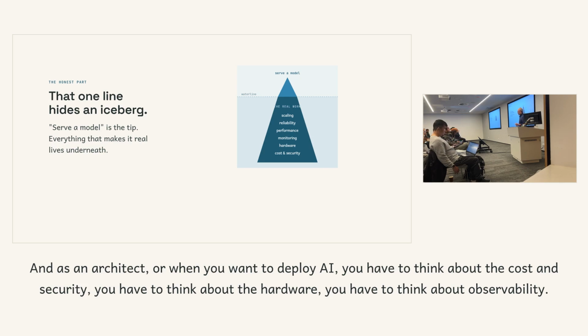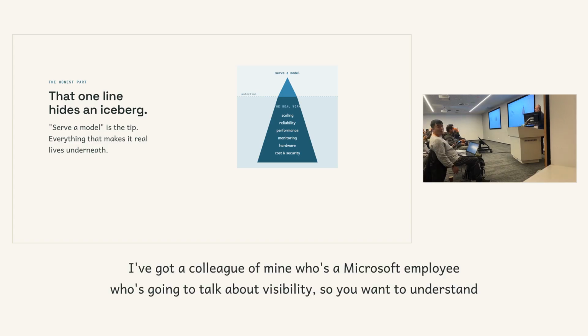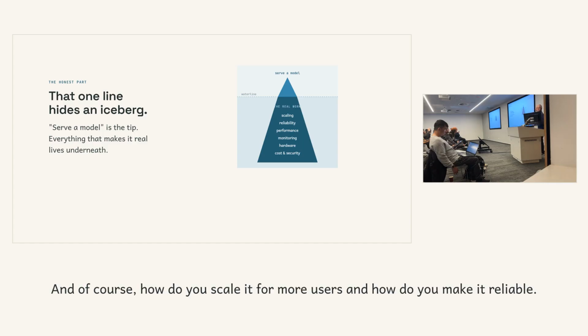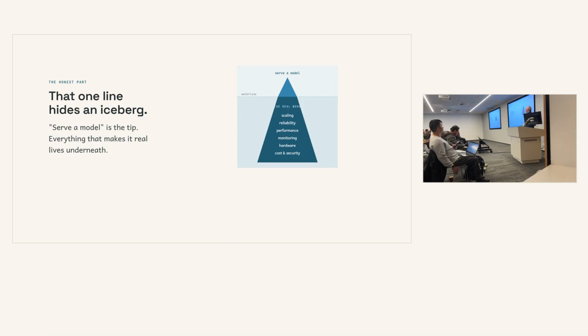You have to think about hardware. You have to think about observability. I've got a colleague of mine, a Microsoft employee, who's going to talk about observability. You want to understand who's using your AI, what it is being used for, and of course, how you scale it for more users and how to make it reliable. And as you might expect, that's a lot of thinking.